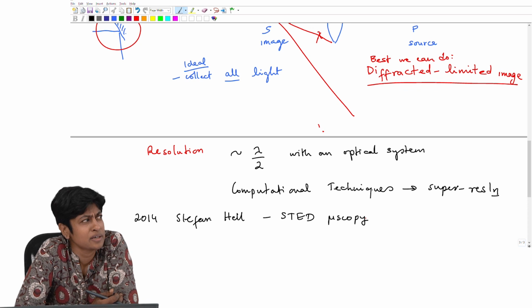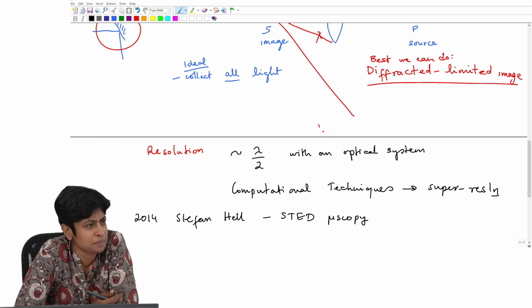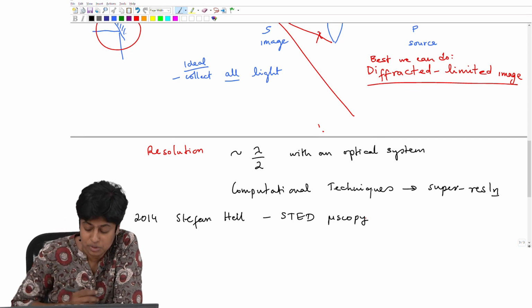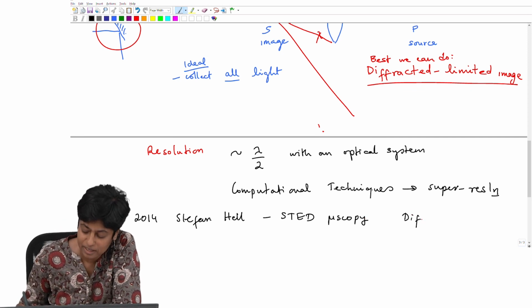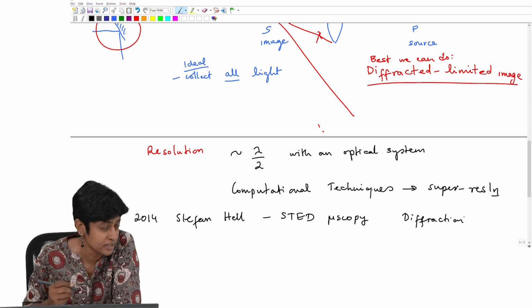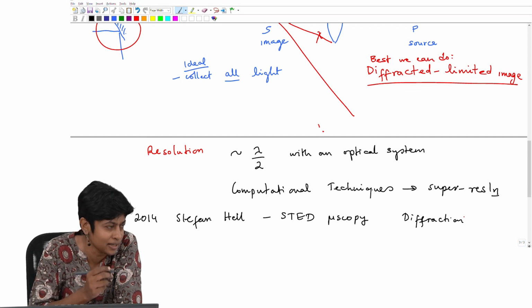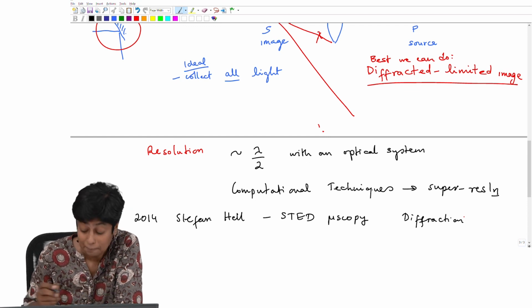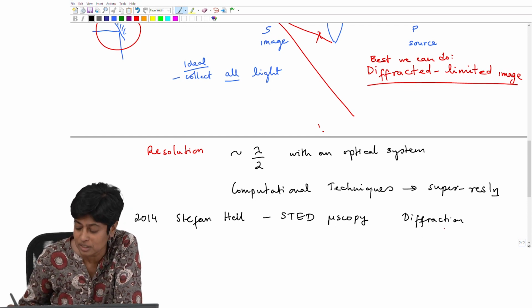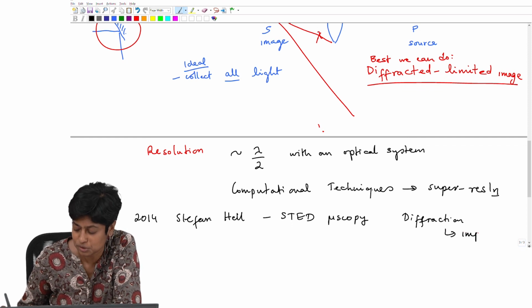It was actually awarded, I think, in chemistry, the Nobel Prize. And he used diffraction. So we say optical systems are limited by diffraction and therefore you can't get better images, but he actually used diffraction and improved resolution.